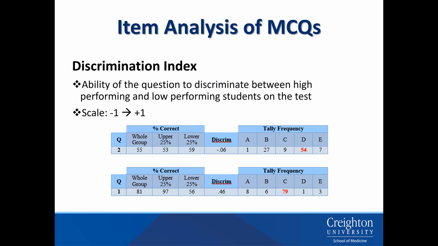And in the first question, you can see that for the upper 25% of students for the entire assessment, 97 students got it correct, the lower 56 got it correct, and it changes the tally frequency. The discrimination index is positive, so that's a good question as well. So that's the information we can get on good questions.